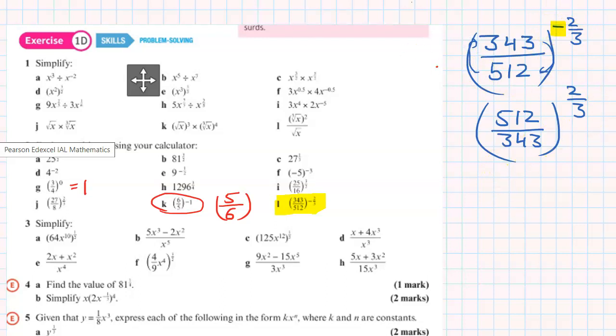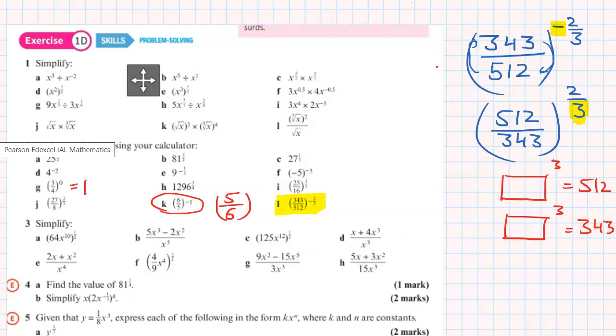Now, as I told you earlier, our main point is this 3. Is there any number which when we cube we get 512? Is there any number which when we cube we get 343?